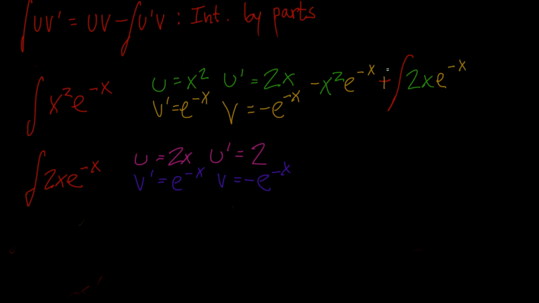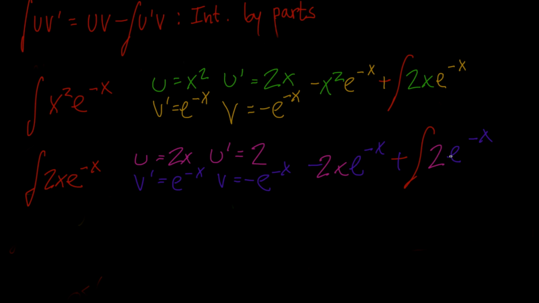And now when I set up my new integral, I'm going to get u, which is 2x, times v, which is negative e to the negative x, minus the integral of 2 times negative e to the negative x, right?